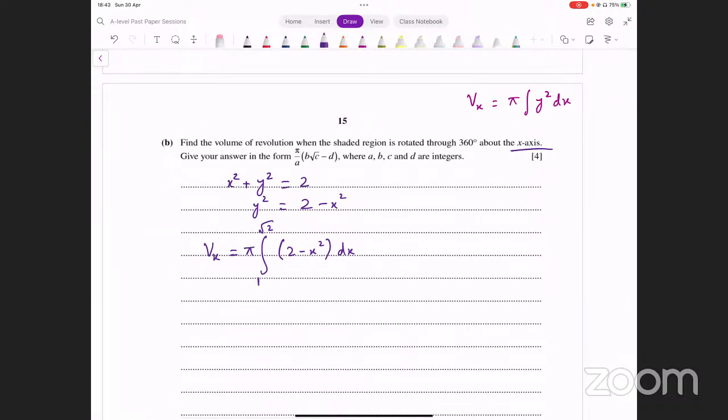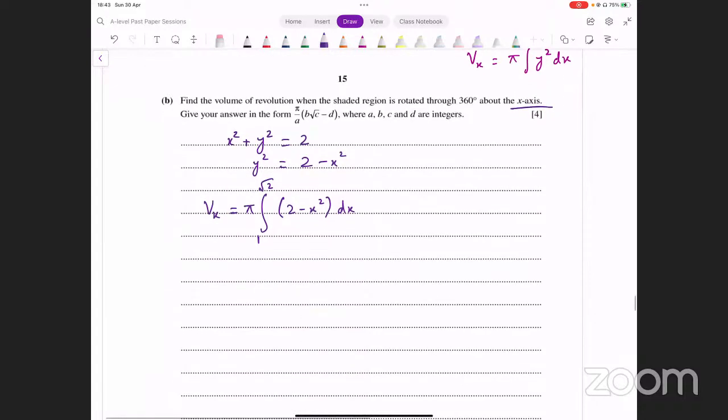Now how do we integrate this? pi बाहर वैसे रहेगा. 2 का इंटीग्रल is 2x, x square का इंटीग्रल is x cube over 3. We input the limits from 1 to square root of 2.